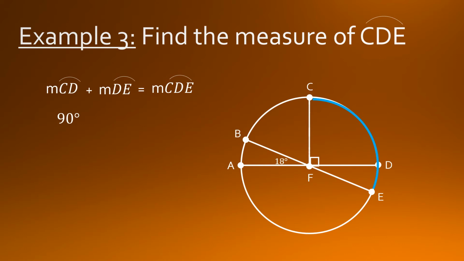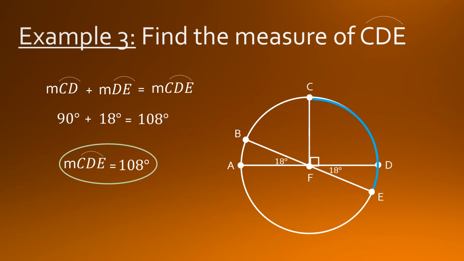So we know angle DFE is 18 degrees because they are vertical angles, and vertical angles are equal. So if angle DFE is 18 degrees, then we know arc DE is 18 degrees. So 90 plus 18 is 108 degrees. So the measure of arc CDE is 108 degrees.